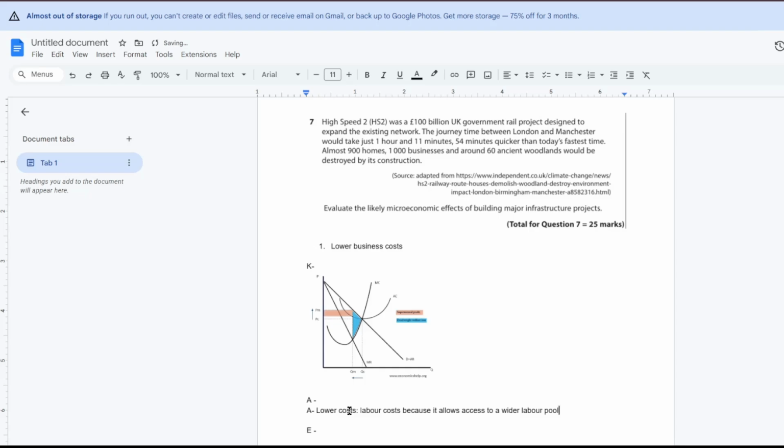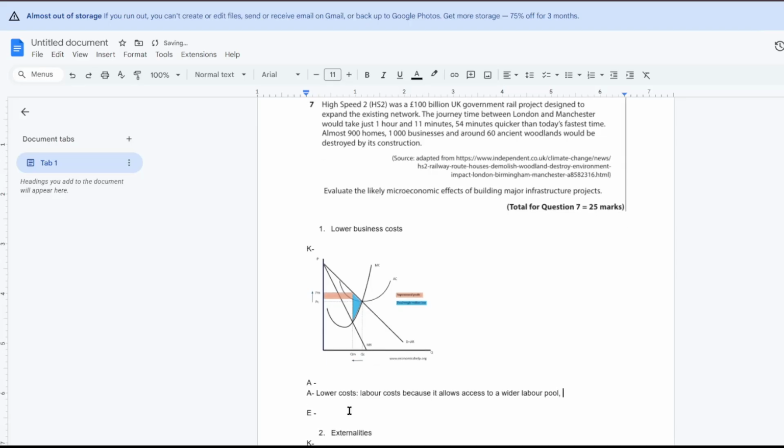So basically increasing competition in the labor pool, which potentially drives down the wages that businesses have to offer their employees. It allows for a bit more flexibility in who you can hire, because a big transportation project is going to connect you to London, connect you to a city, and therefore allow you access to more people who can work for a business potentially.